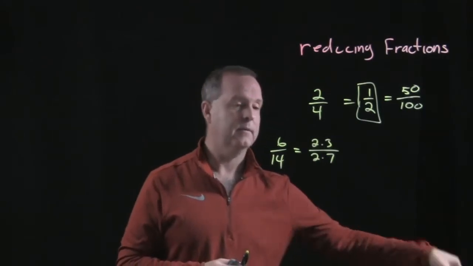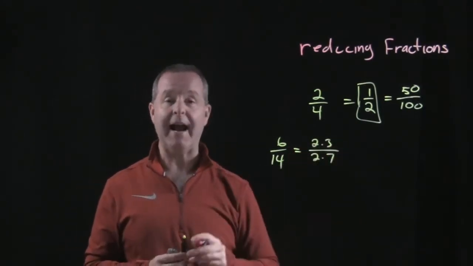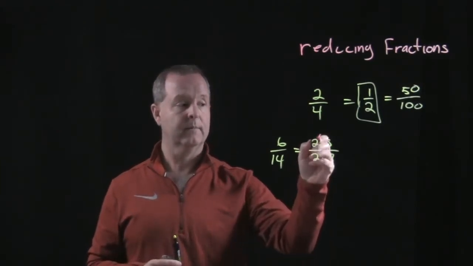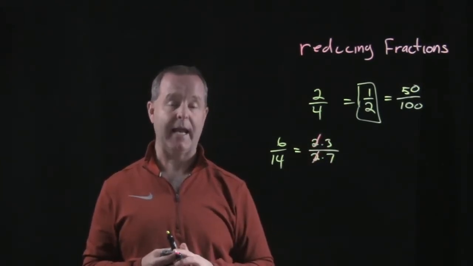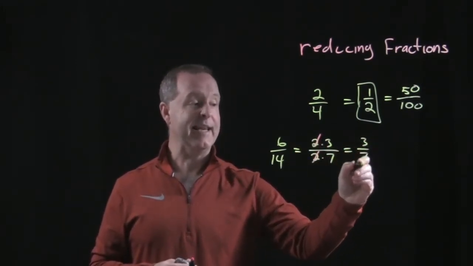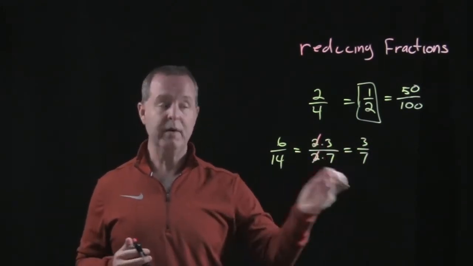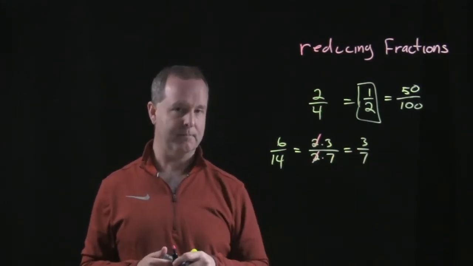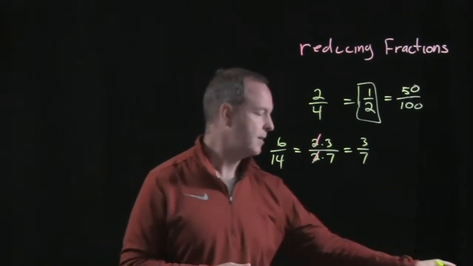From there, I could look to see if there are any factors on top that are common in the bottom. And if there are, I could factor those out, and then what I'm left with is an equivalent fraction. The value hasn't changed. It is simply simplified.